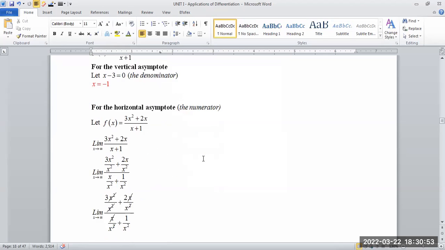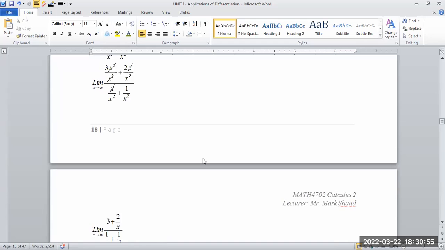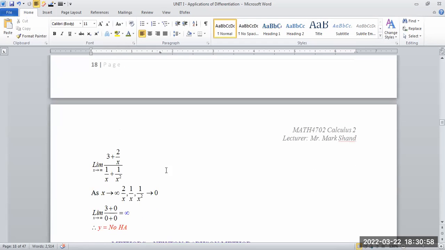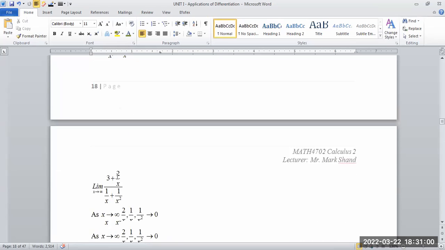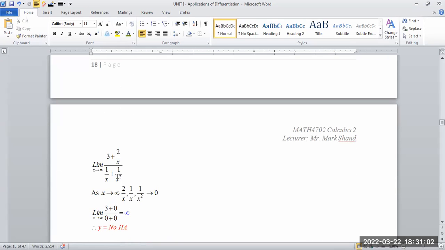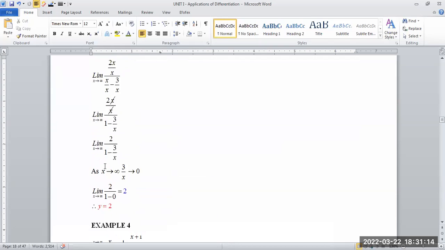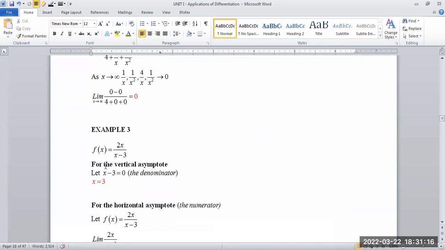Let me just hurriedly go through this stuff here. No horizontal asymptote. This is 3 over 0. That's why I said 0 now, sir. No, not 0. It's not supposed to be. It's not 0 either. No, it's infinity. It's not even 0. It's infinity.